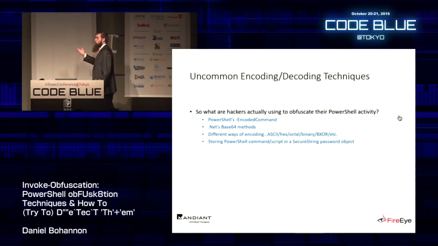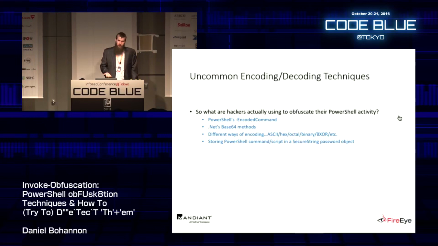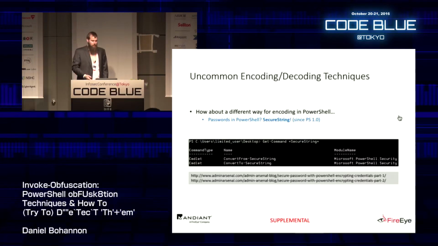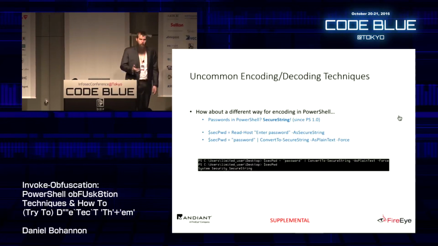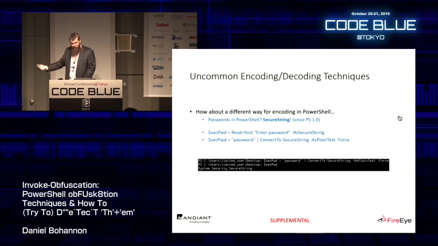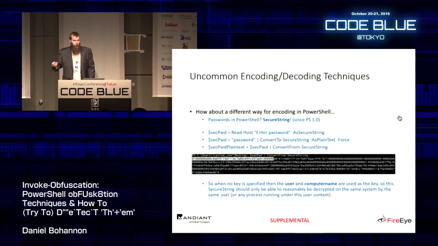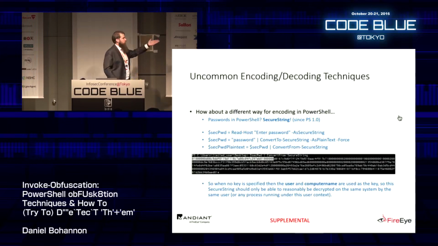So I got to thinking, when PowerShell is dealing with passwords, it has what's called secure string. And so I started playing with secure string, and it's actually been around since PowerShell 1.0. What you can do is take a password, convert it to a secure string object, and then if you want to store it on disk or in registry, you can convert it from a secure string object, and that's what the value will look like.